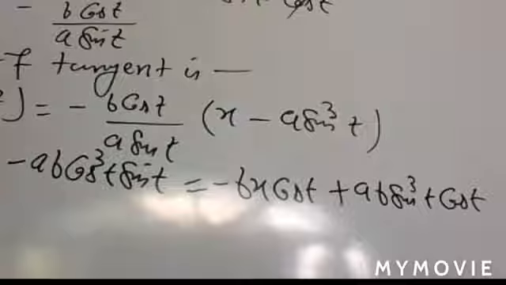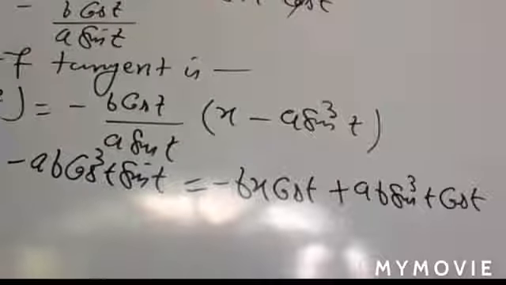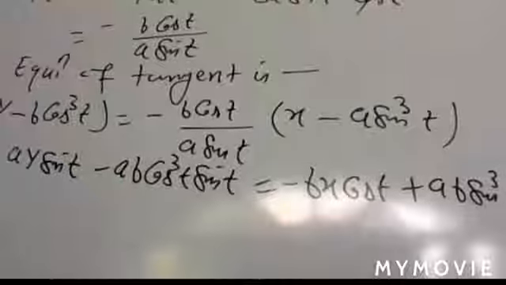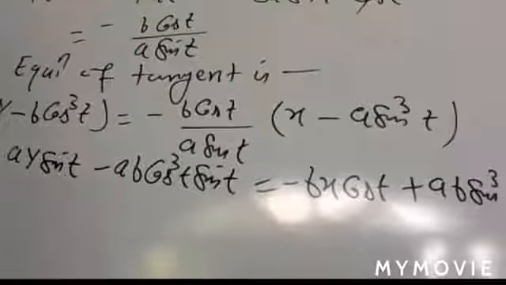Understand? Now you have to write it as an equation. First of all, you write the terms of x and then the terms of y, and then the constant terms.